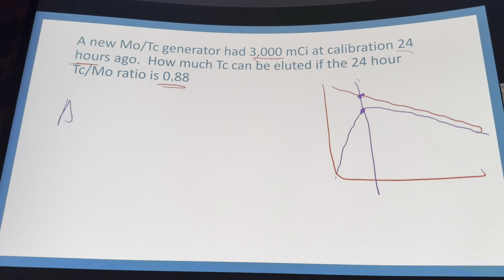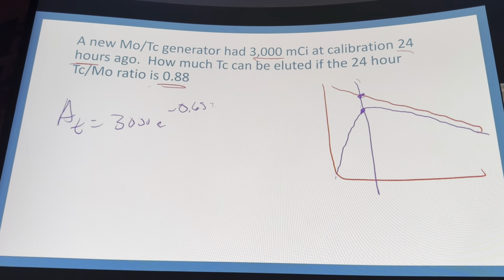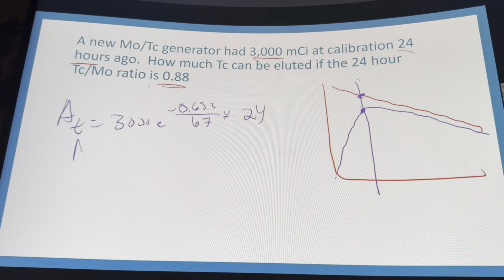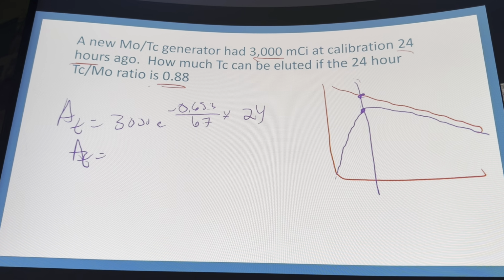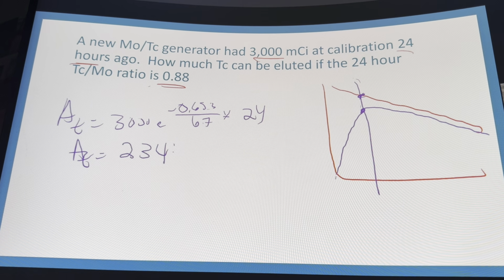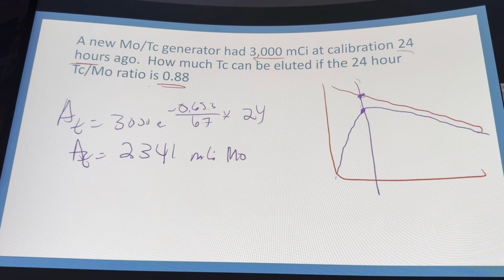First thing, decay my moly. A sub T equals 3,000, e to negative 0.693 divided by 67 times 24. Throw that in your calculator. We have 2,341 millicuries of moly.